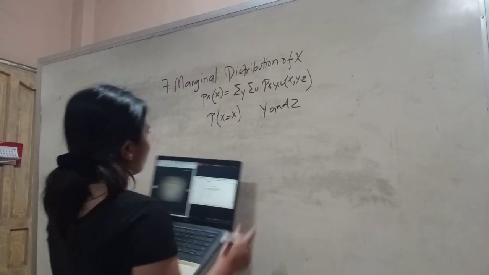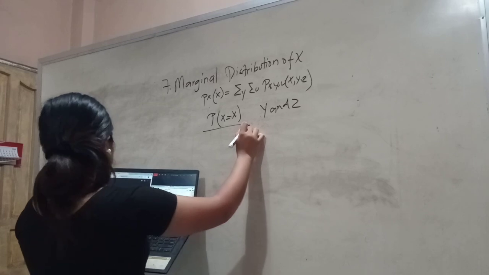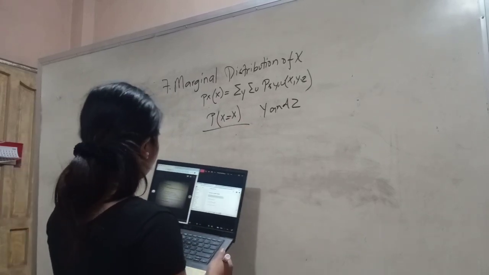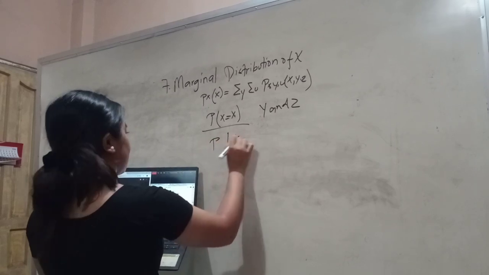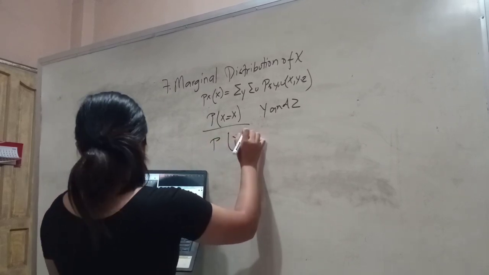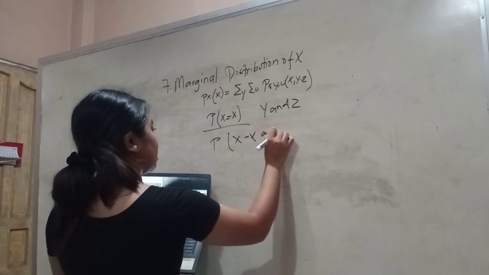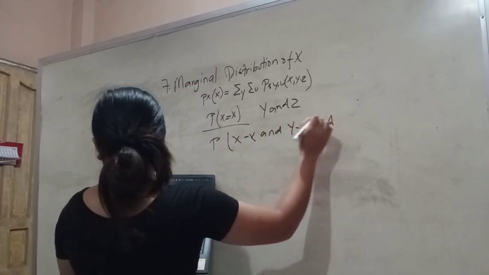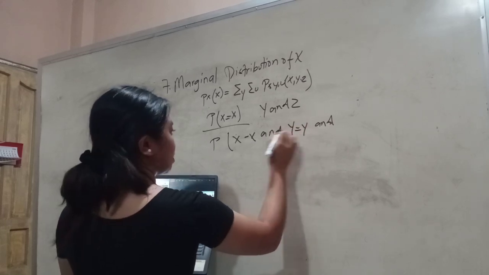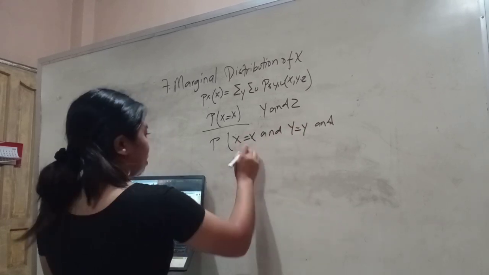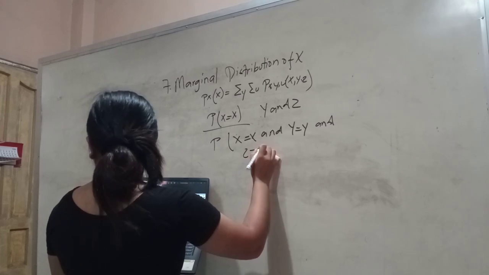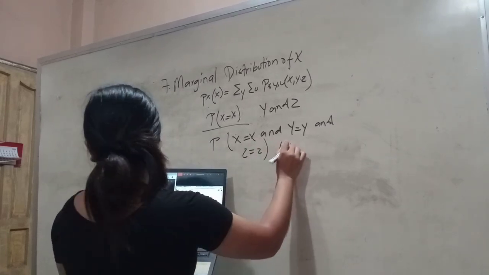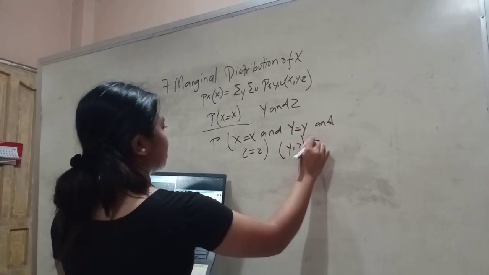We want the probability of x regardless of what y and z are, so we add up the probability that X is equal to x, Y is equal to y, and Z is equal to z, for every possible y and z pair.